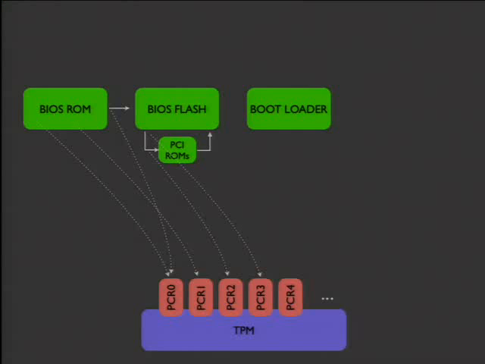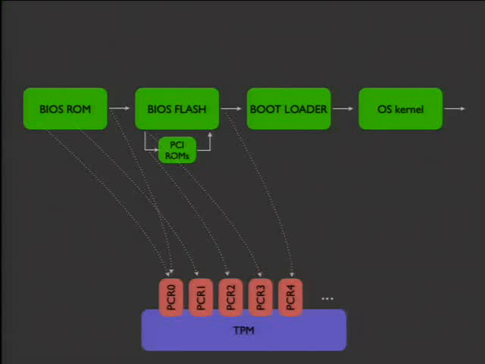The whole point is that if any of those blocks have been compromised, hooked, or infected by a virus, whatever, then the hash value, the measurement of those blocks, would be different.